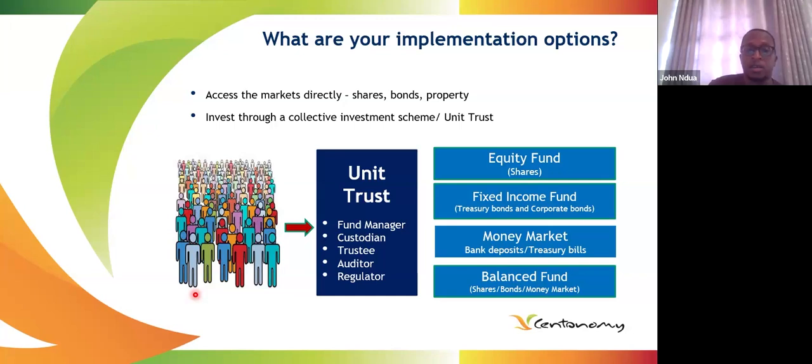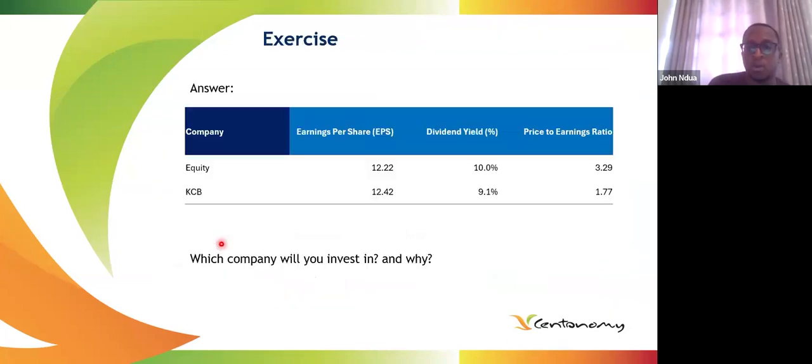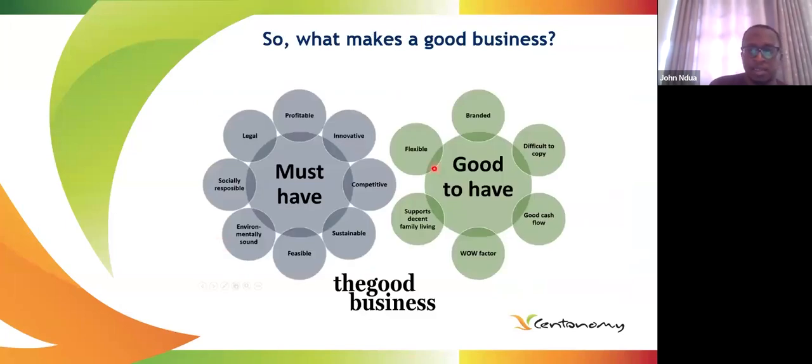However, remember when we were talking about the companies to choose, there was a section where we had good to haves, and things like that. We had social responsibility and environmentally sound. These are things you can incorporate in choosing a company to invest in. But when it comes to investment returns, it is unfortunately based on cash basis.